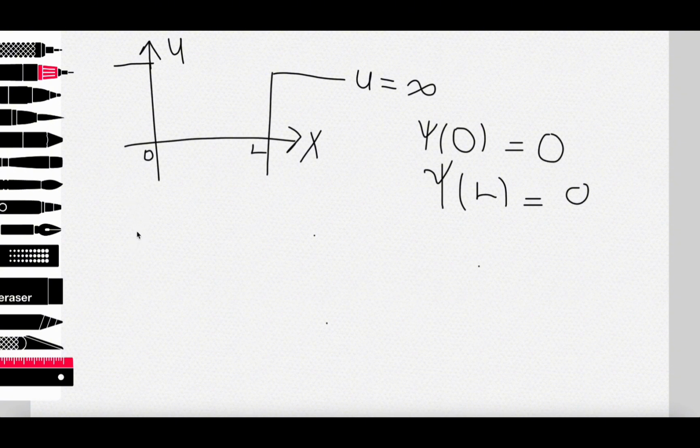General equations for the Schrodinger equation are usually rather difficult to guess or to find the correct form. So I'm just going to give it to you as well. So the general solution is this.